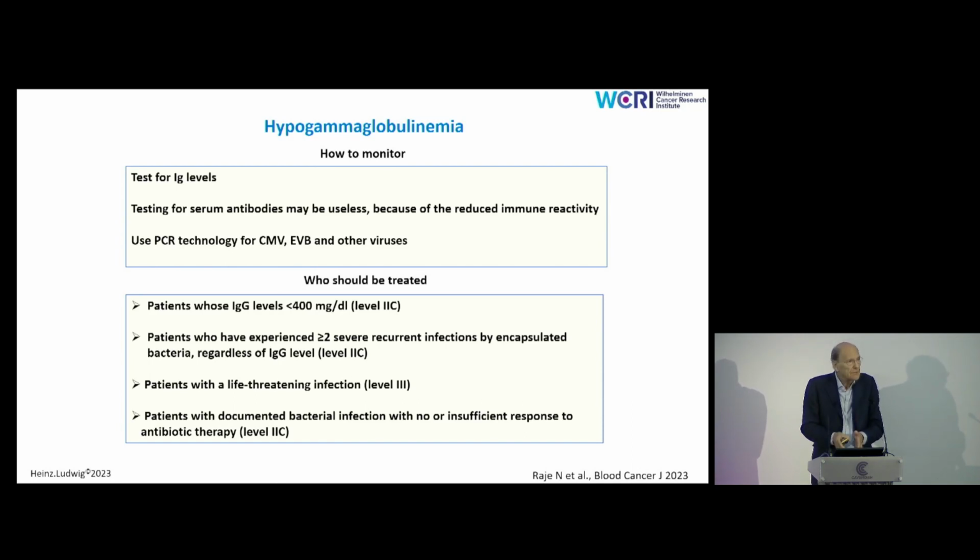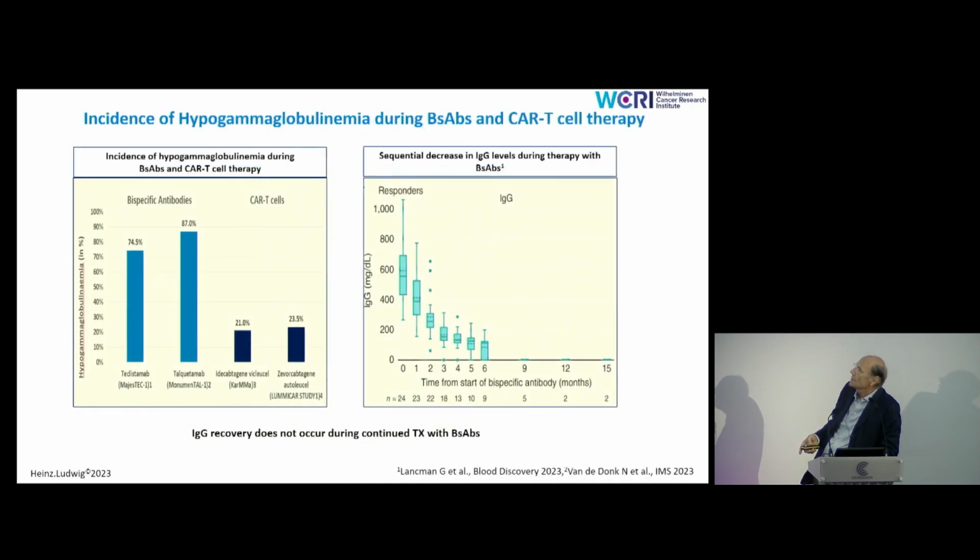So the history of an individual patient, if the patient comes in with a history of several infectious episodes before starting bispecific antibodies, I wouldn't care about the IgG level. I think those are patients who should also receive prophylaxis, but this is my personal opinion. Patients with life-threatening infection, patients with documented bacterial infection, with insufficient response to antibiotic therapy. So that should be done.